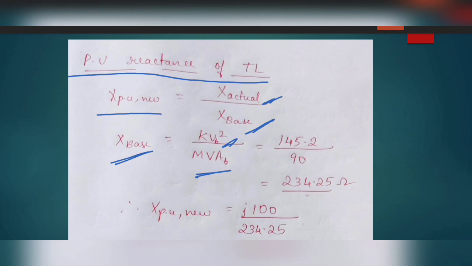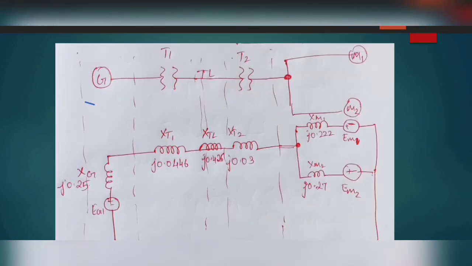The kV base of the transmission line is 145, so 145 square divided by 90 becomes 234.25 ohms. Substituting, XPU new is equal to j100 ohms divided by the base value 234.25. We get j0.426 pu.